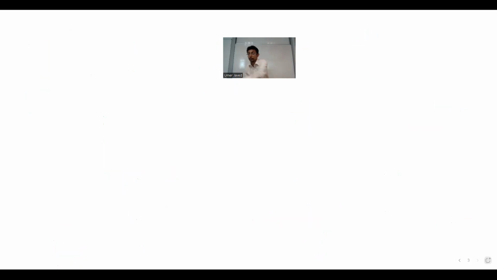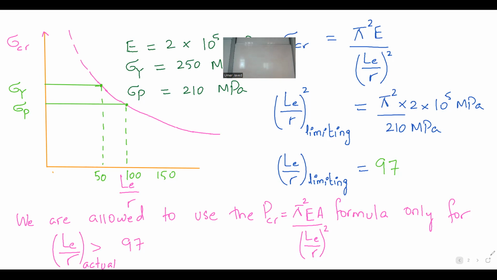If you calculate the limiting value, I will use the lower value of stresses, only sigma proportional. Honestly, I don't remember from the top of my head, but if I give you both yield and proportional limit, go for the proportional limit value.